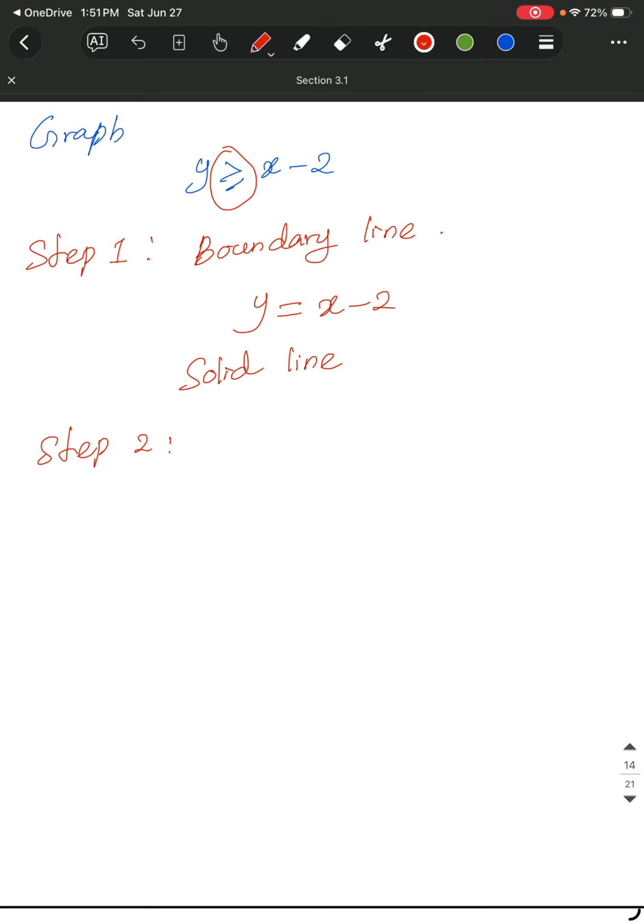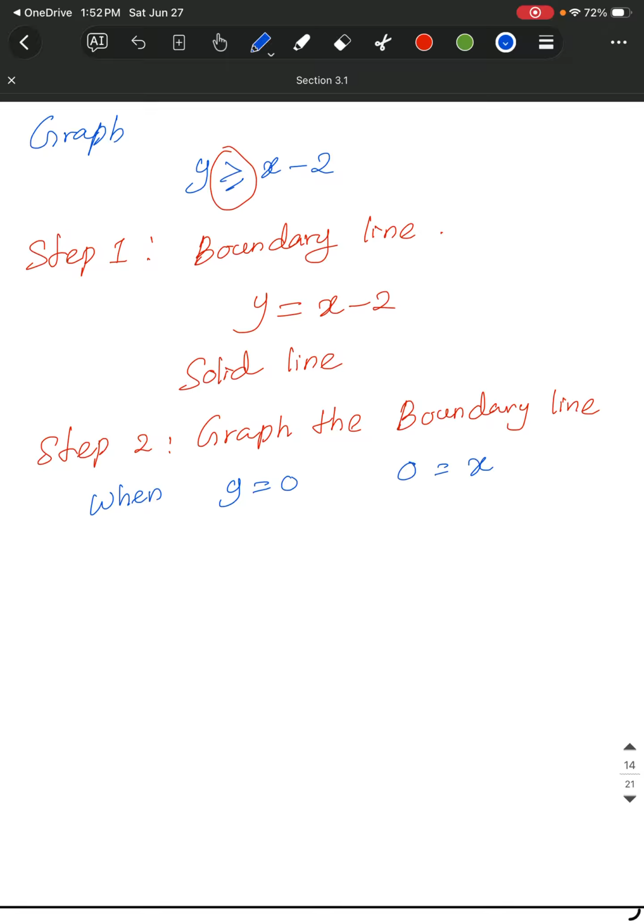Let's draw the boundary line first. So when y equals 0, x equals 2. So (2, 0), 1 point. When x equals 0, y equals negative 2.